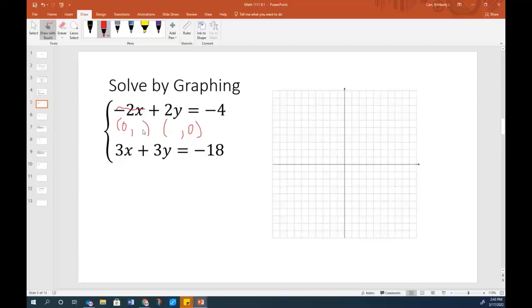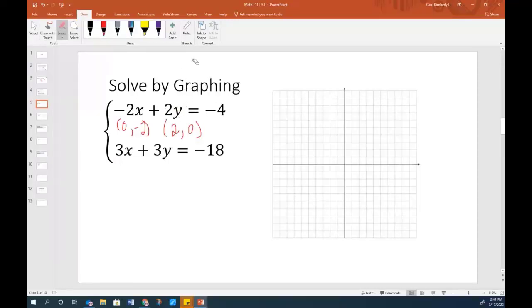I can divide by 2 and get -2. Then I want to do the same thing, only I'm going to plug a 0 in for y. So this term goes away, and I'm left with -2x equals -4. Divide by -2, and I get a +2. So that means I'm graphing by those intercepts.